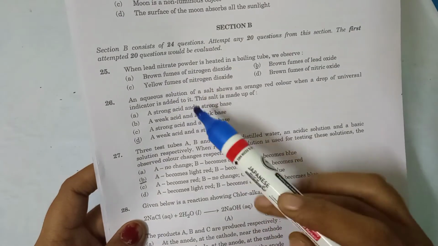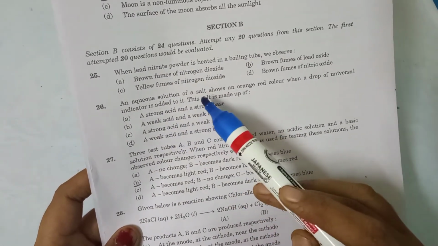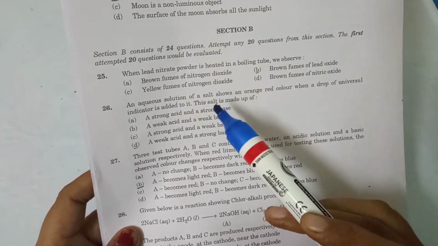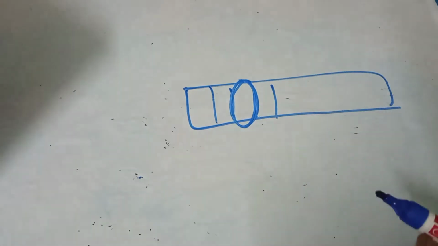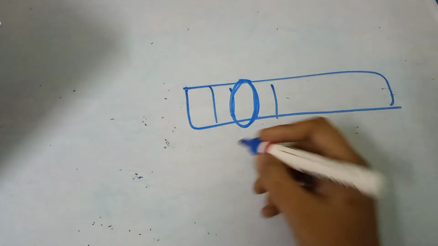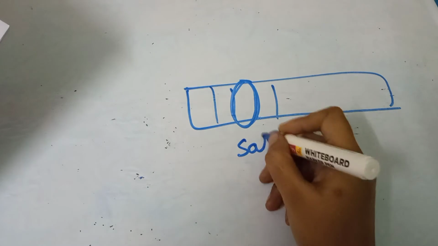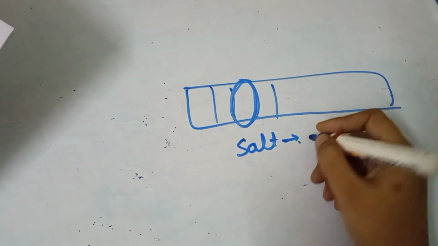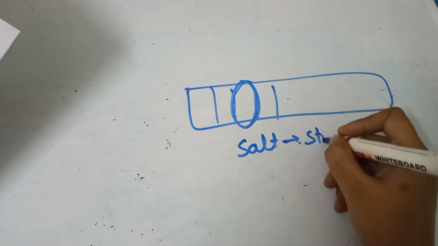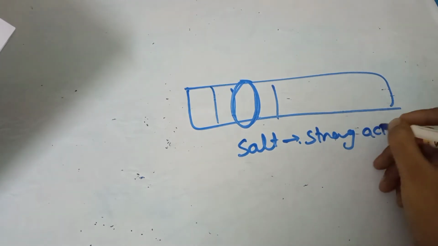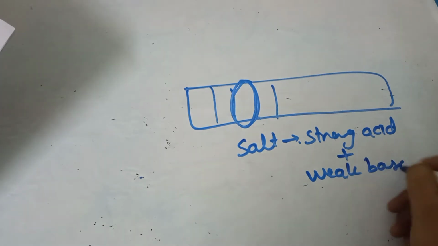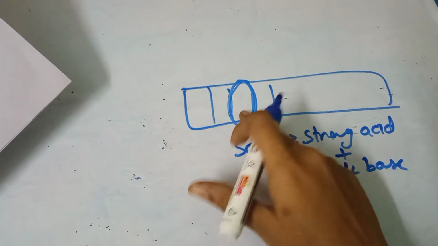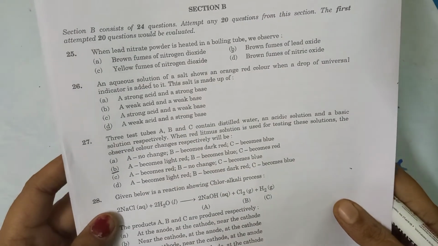But if the indicator shows the salt is of orange red color, in the acidic range, so the salt is prepared with strong acid plus weak base, then only the solution gives the orange red color.